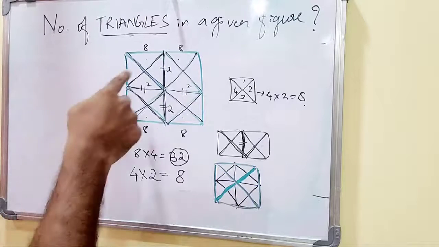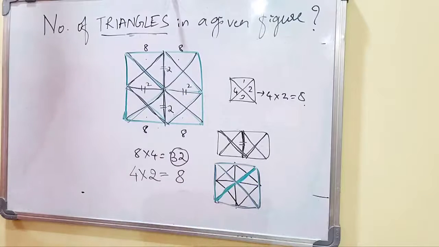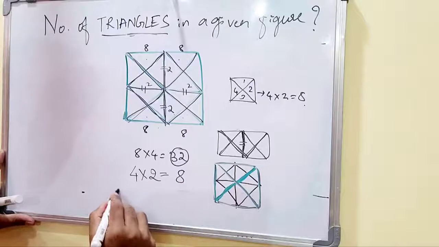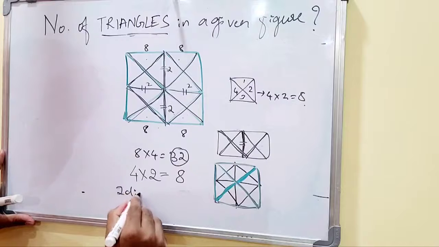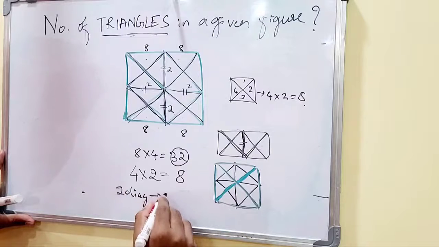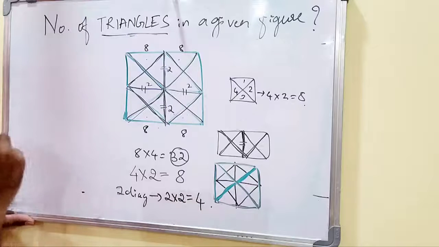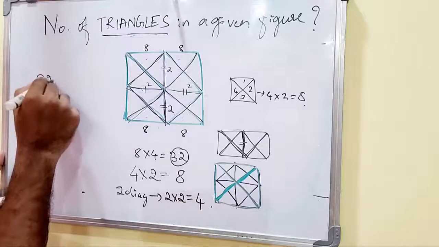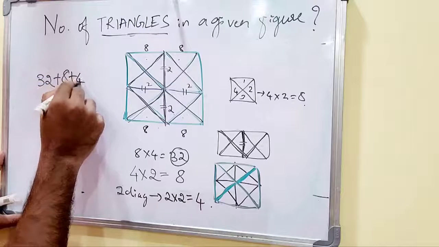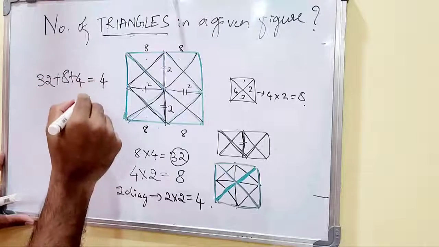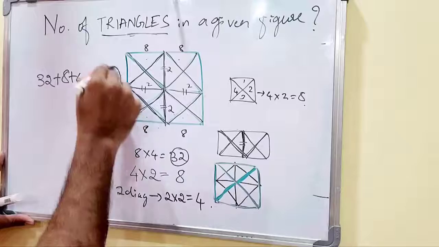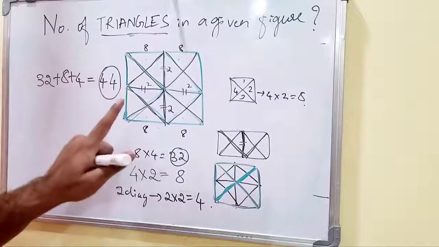So in this figure there are two big diagonals and the two diagonals contribute 2 into 2 triangles, that is 4. So the total number of triangles in this figure is 32 plus 8 plus 4 and equals 44. There are 44 triangles in this figure.